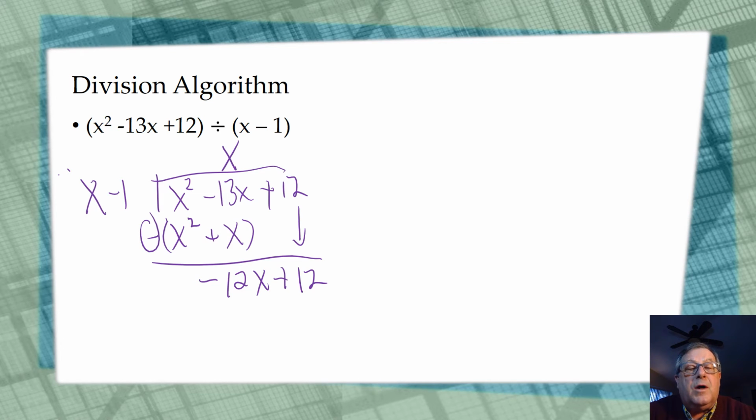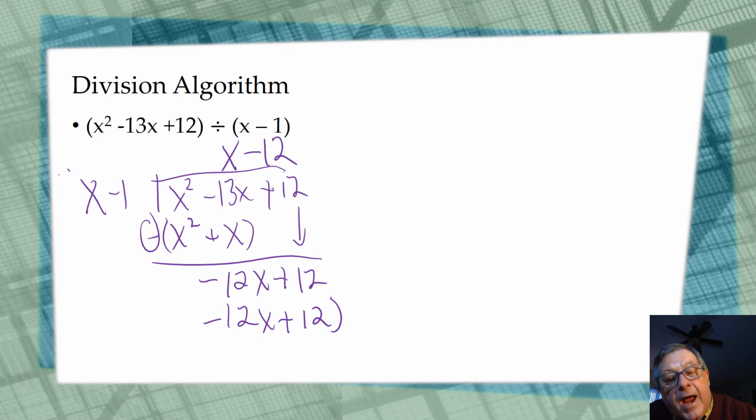Now, how many times will x go into negative 12x? Well, it'll go in negative 12 times. And again, we're going to multiply back. Negative 12 times x is negative 12x. And negative 12 times negative 1 is positive 12.